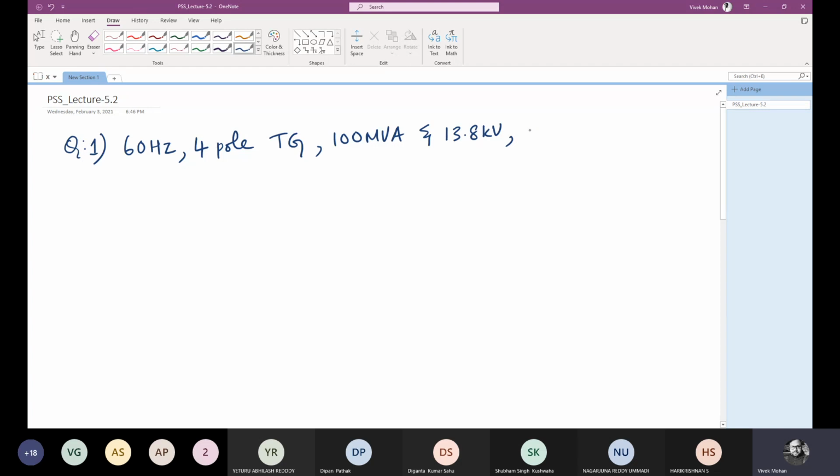What is the notation for inertia constant? H. Yeah, 10 megajoules per MVA.